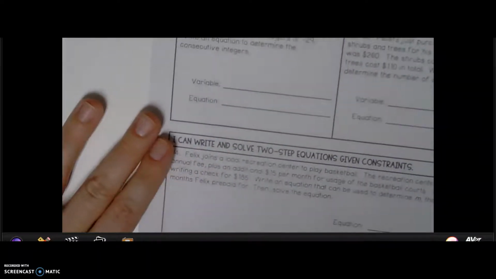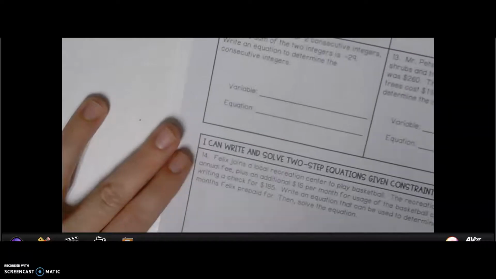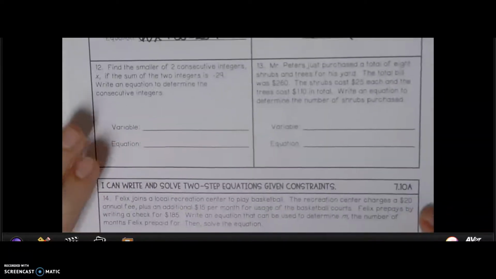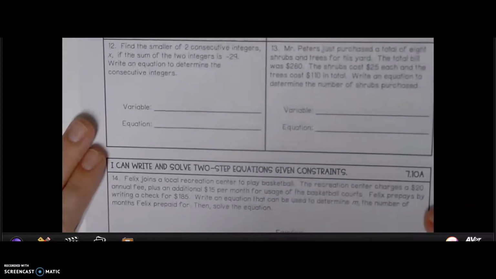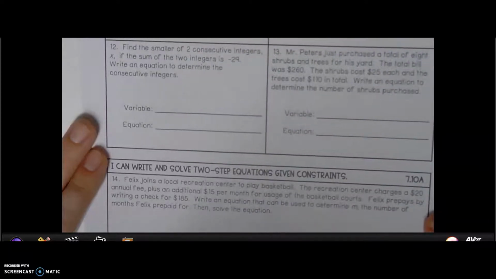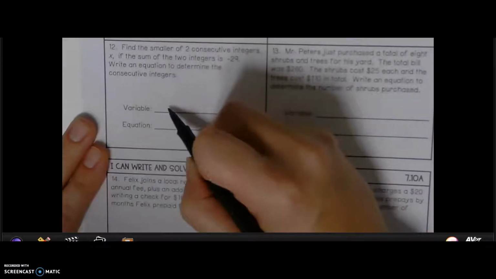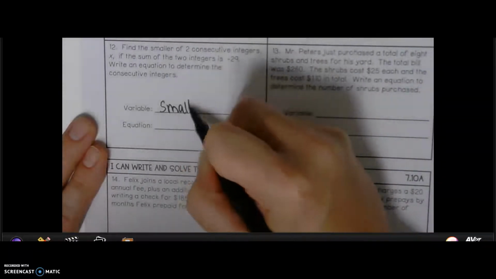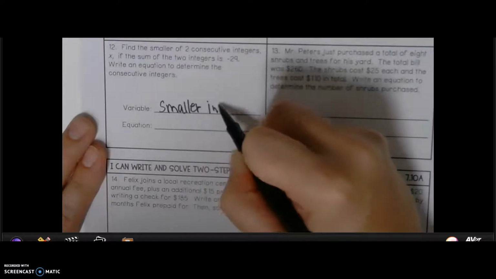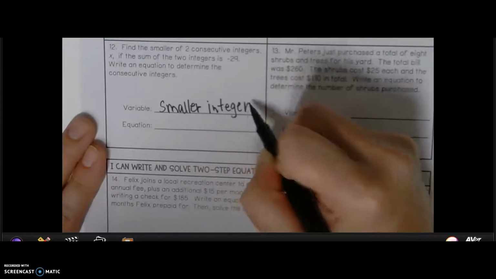Okay. For number 12, this one's a little bit difficult just because it starts talking about a lot of math vocabulary too, so don't let that scare you. For number 12, find the smaller of 2 consecutive integers, X, if the sum of the 2 integers is negative 29. Write an equation to determine the consecutive integers. Okay. So we're looking for the smaller integer. That would be our variable. Okay.